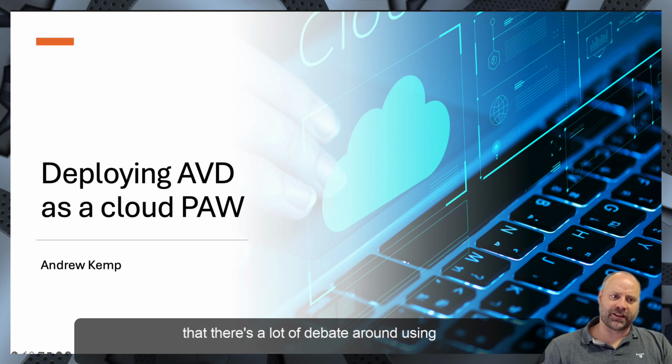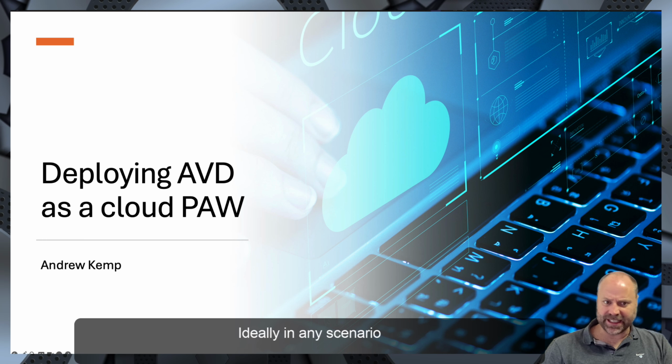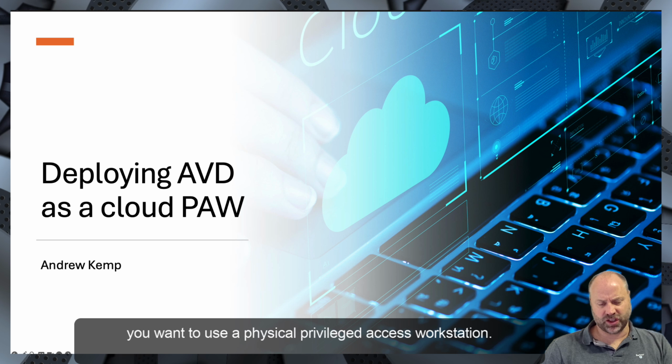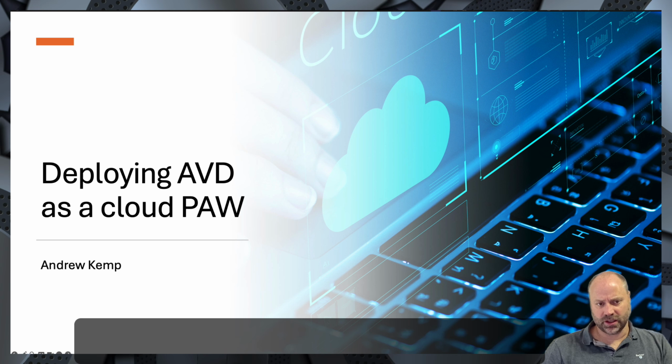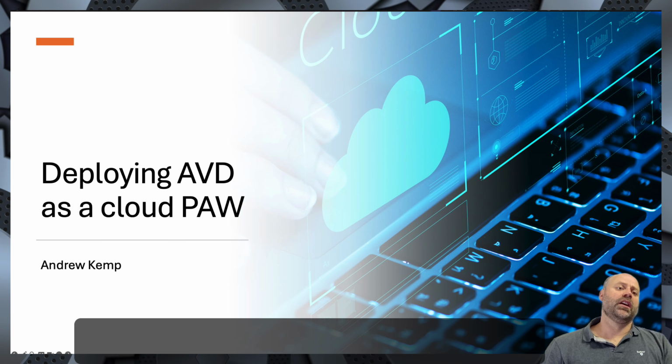There's a lot of debate around using a virtual PAW. Ideally, in any scenario, you want to use a physical privileged access workstation. I think maybe let's jump back a bit and discuss what is a privileged access workstation.